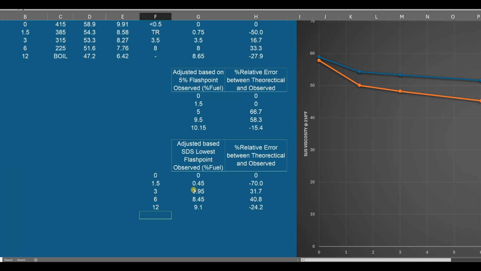If you look at it, 3% is still 3, and they're reporting 3.95 if they were to use that number. So again, not that much of an improvement over Blackstone. In fact, Blackstone's values were actually closer. If you look at 3.5 and 8, they were closer to 3 and 6 than using the SDS.